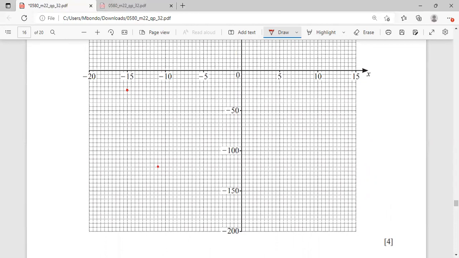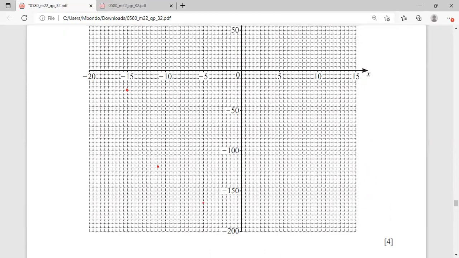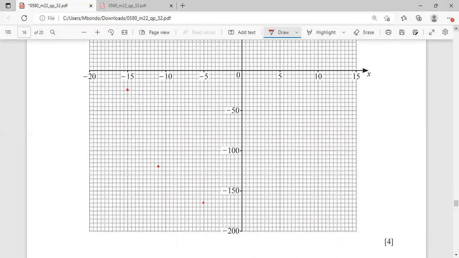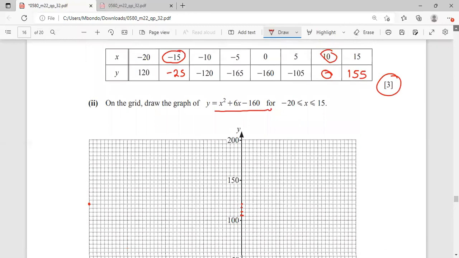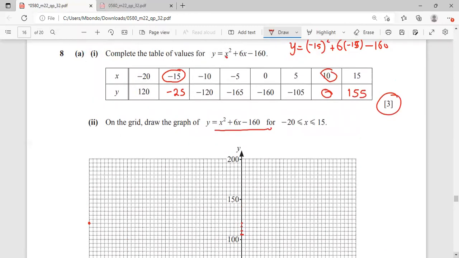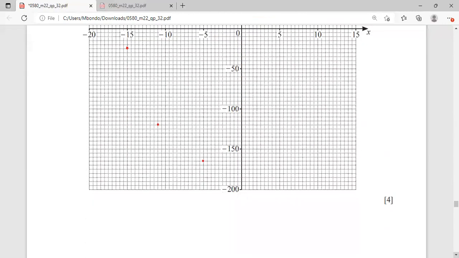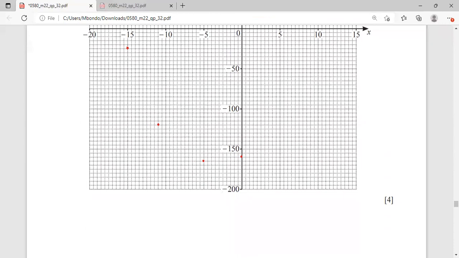So 165 is this one here. All right, then we should have 0 now, isn't it? 0, negative 160, sorry. 0, negative 160. So 160 is this one. All right.